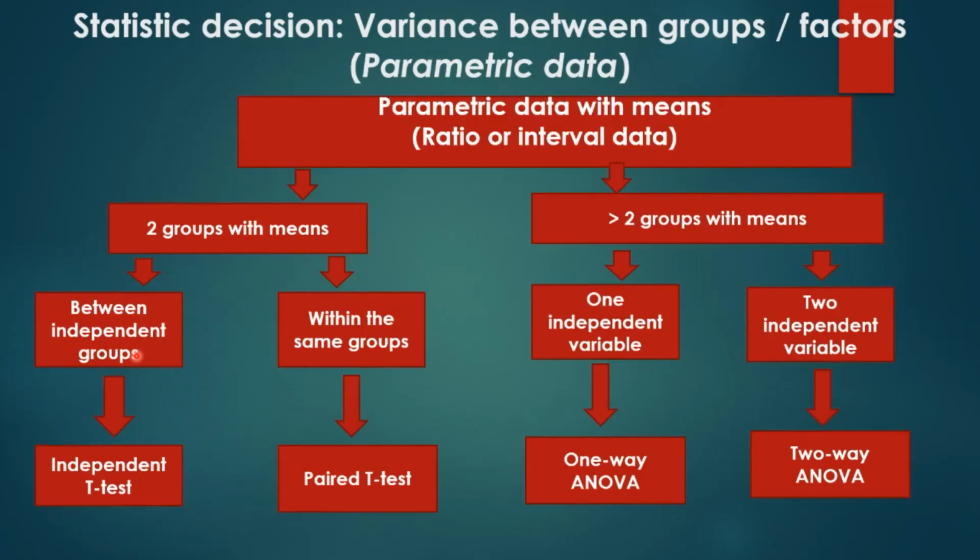For instance, I can pick a set of girls from primary school A and compare them with girls from primary school B. The study is about school girls, so the independent variable will be school girls, but girls from primary school A and girls from primary school B will be two groups. These groups are independent because they do not relate to one another. So if there are independent groups, you do an independent t-test.